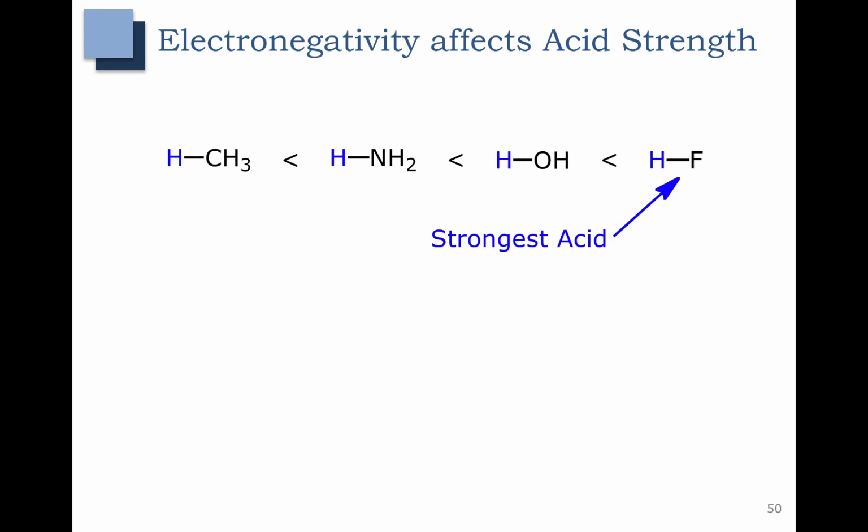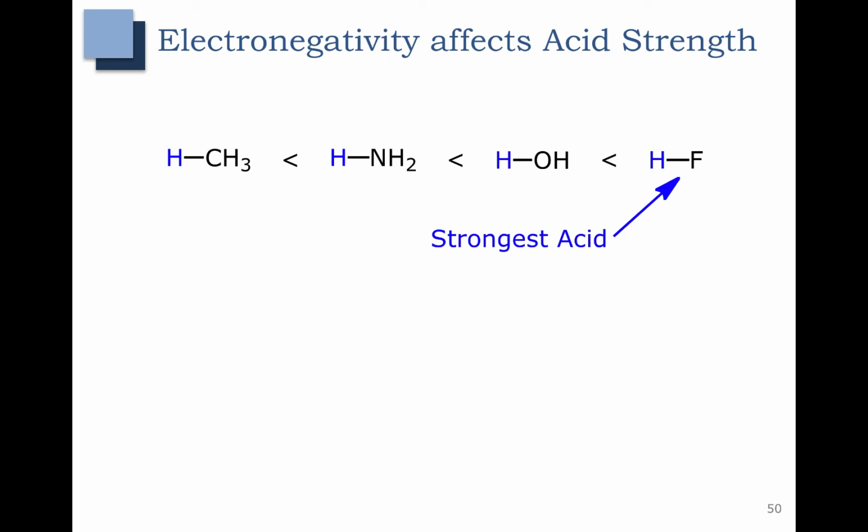Let's also look at how electronegativity affects acid strength. If we're looking at the acidity of the hydrogens in blue here, you see a little bit of a trend. The hydrogen attached to the carbon is not as acidic as the hydrogen attached to the nitrogen, and that's not as acidic as a hydrogen attached to an oxygen. In fact, the strongest acid, if we're looking at these here, is going to be HF.